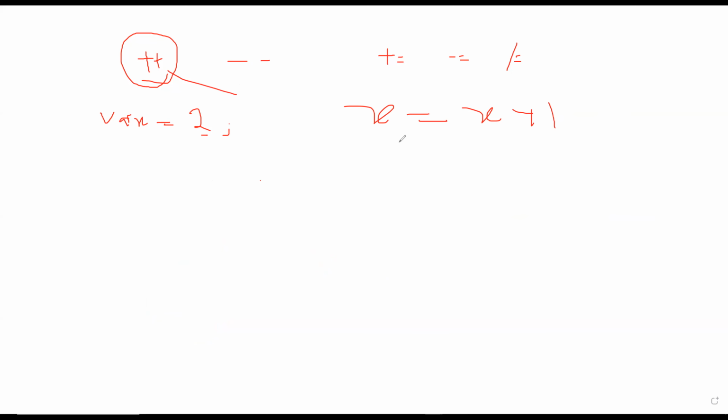So instead of saying x, assign x plus 1 back to x, they will just say x++. After execution of this line, x will now become 3. If it is x--, x will be reduced by 1, because x-- is x minus 1.